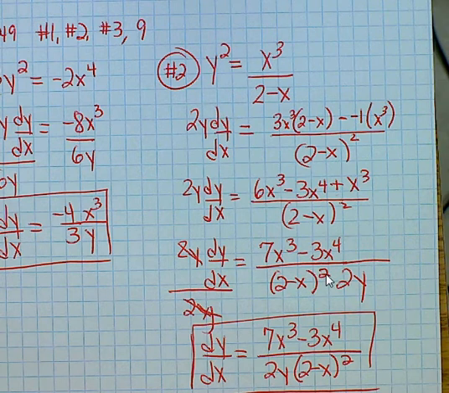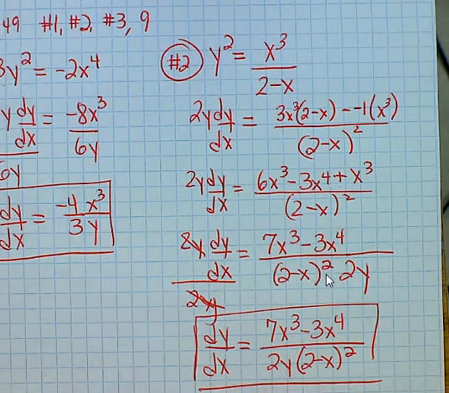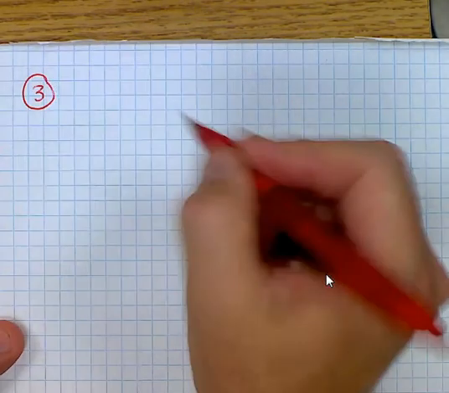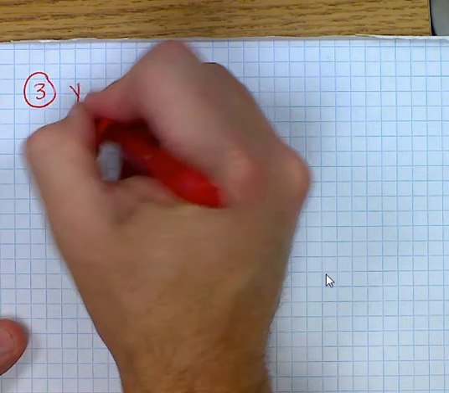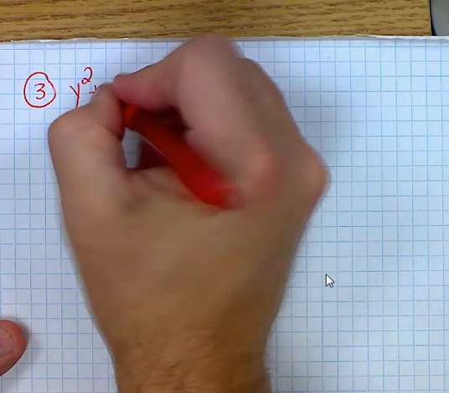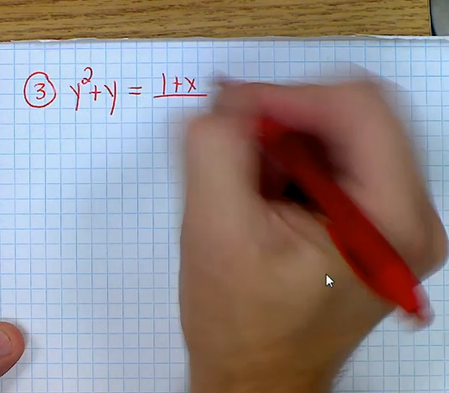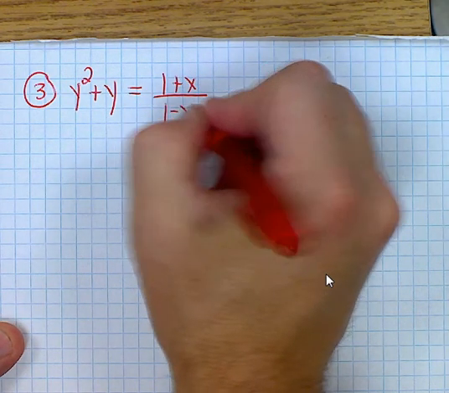Okay, question number 3. Go back up to the top here. Question number 3 looks like this. We have y squared plus y equals 1 plus x over 1 minus x.